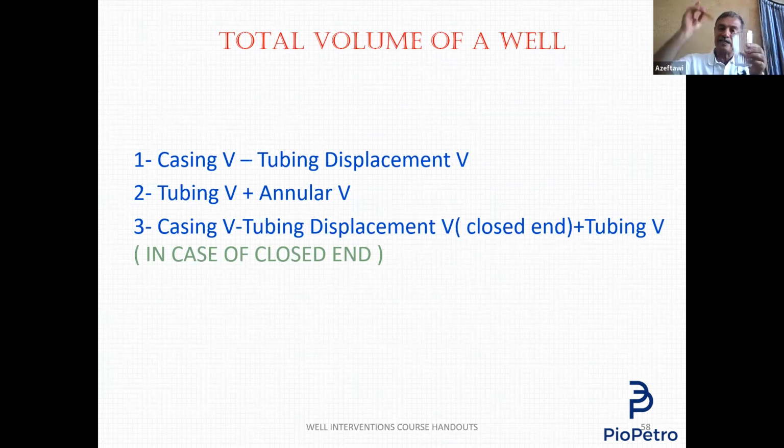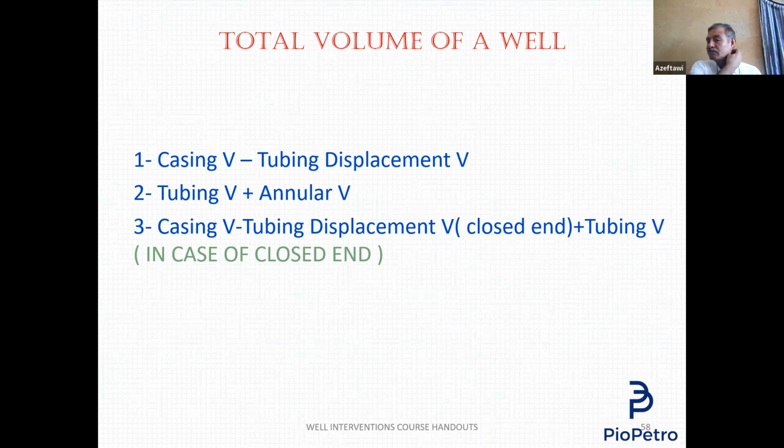Or, after I run the completion, the total volume of the well is the sum of 2 things: the annular volume between the tubing and casing, plus the tubing volume itself. Both methods are okay.